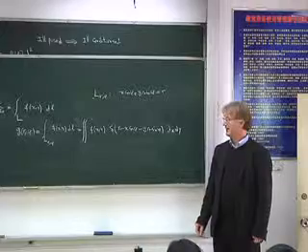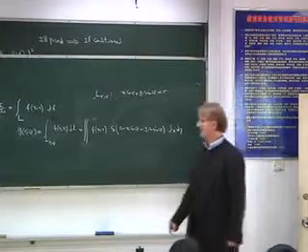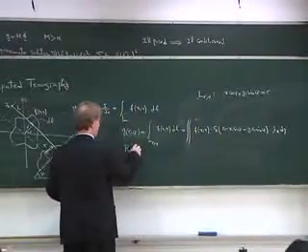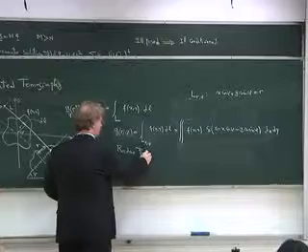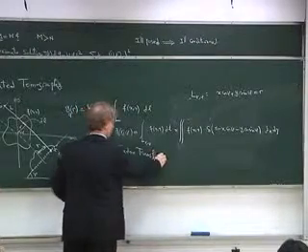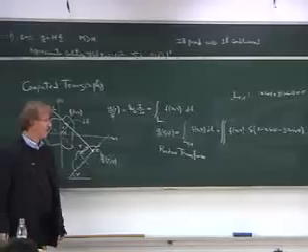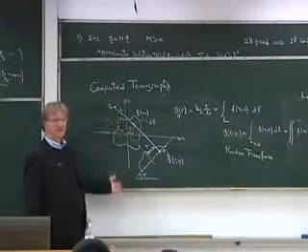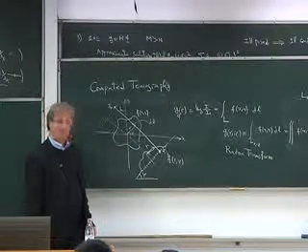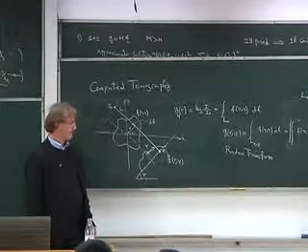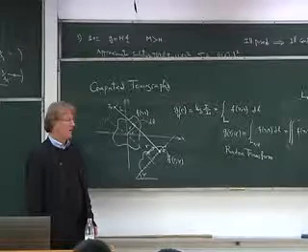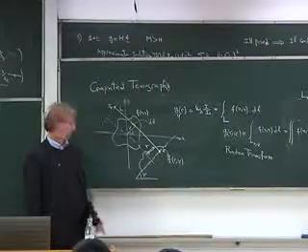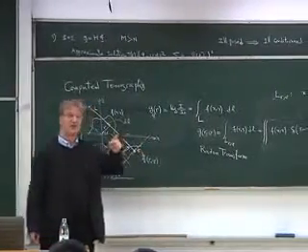And this equation is called the Radon transform. The Radon transform is the forward equation of this computed tomography problem. Okay? Now, why is this equation called the Radon transform?